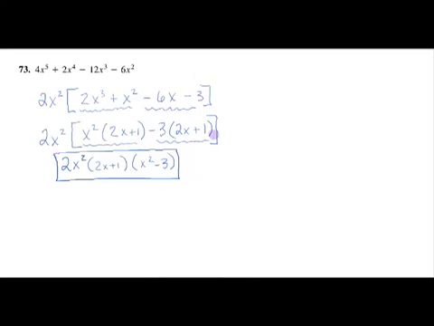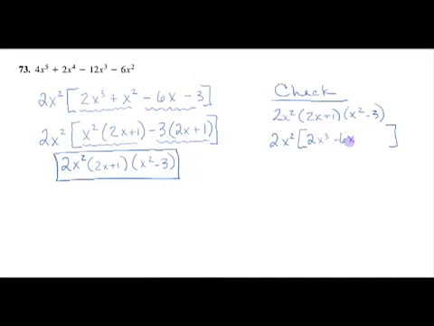If you want to check this, what we would want to do is multiply two of the things together, and then after we simplify, multiply in the third. I'm going to go ahead and multiply my two binomials together. 2x times x squared is 2x cubed. 2x times negative 3 is negative 6x. 1 times x squared is x squared.